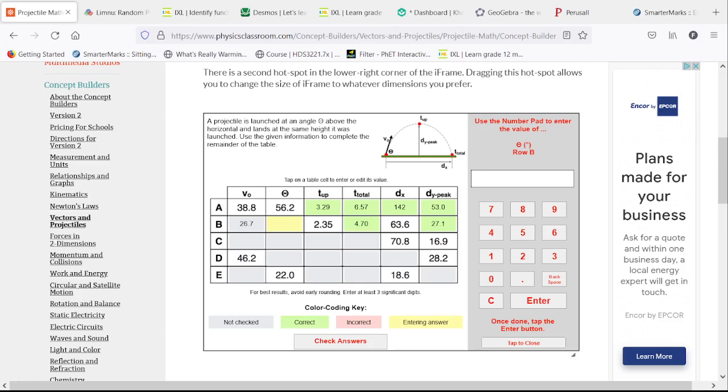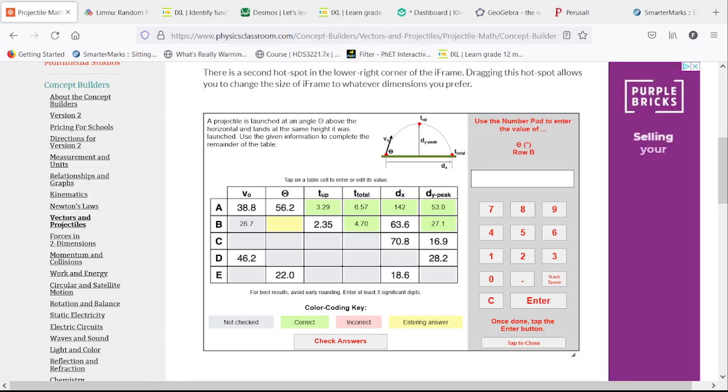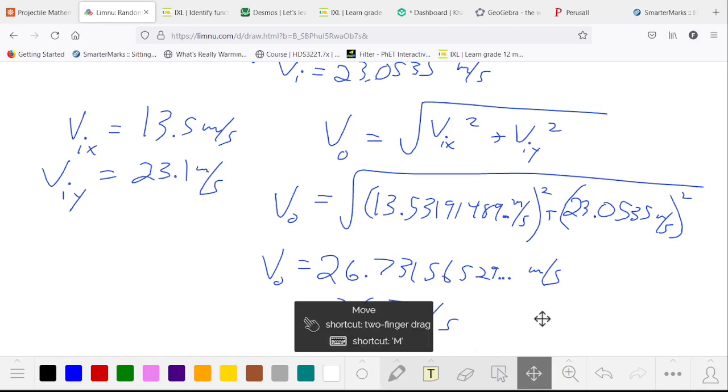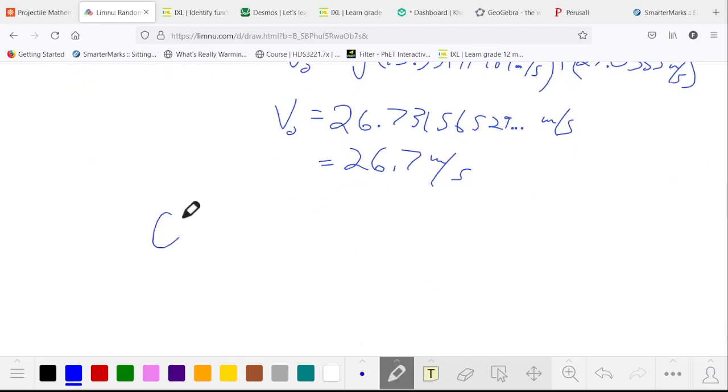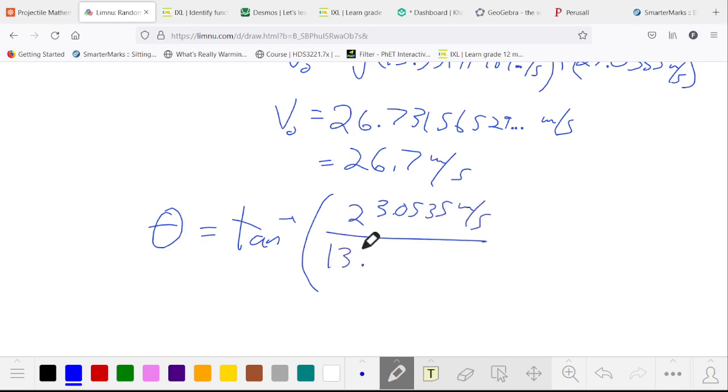And now for our theta, we have to use the inverse tan. So theta is the inverse tan of the y component divided by the x component.